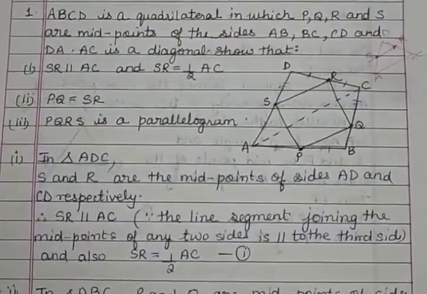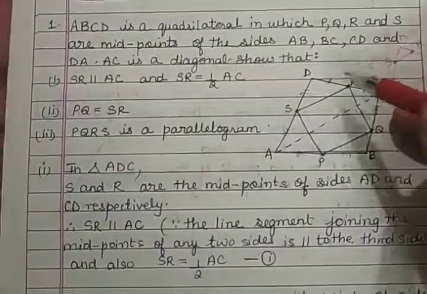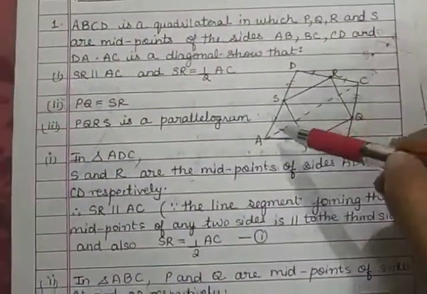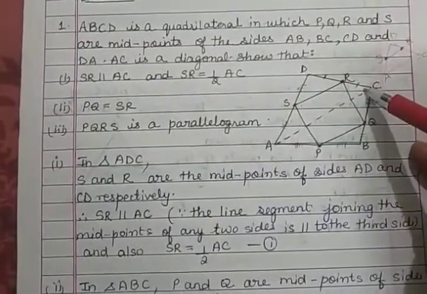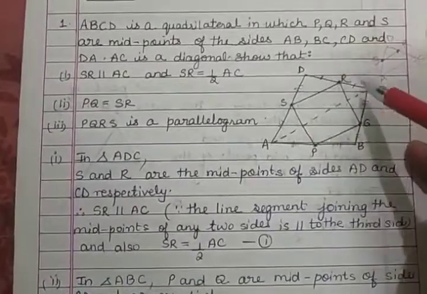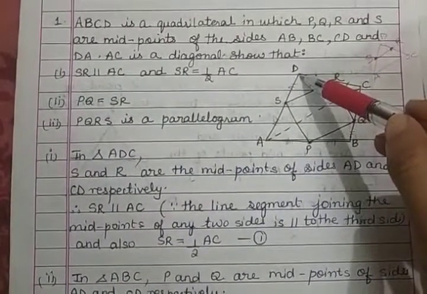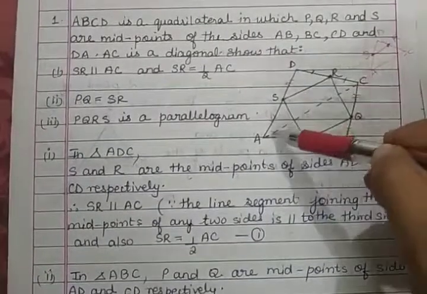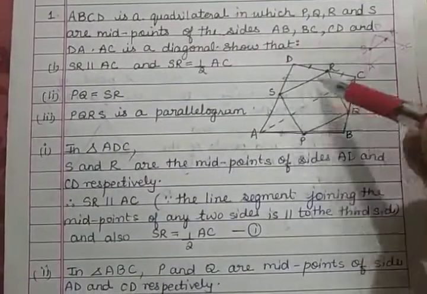For that we take this triangle ADC. In triangle ADC, S and R are the midpoints of the sides AD and CD respectively. So we can directly say that SR is parallel to AC. Also, SR is half of AC.